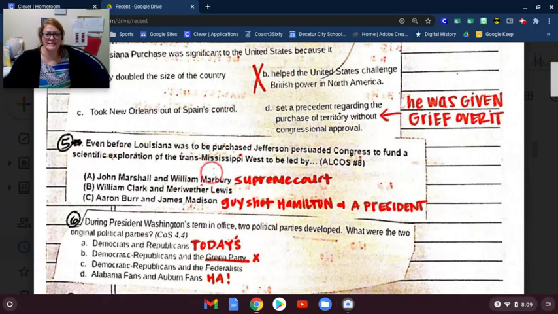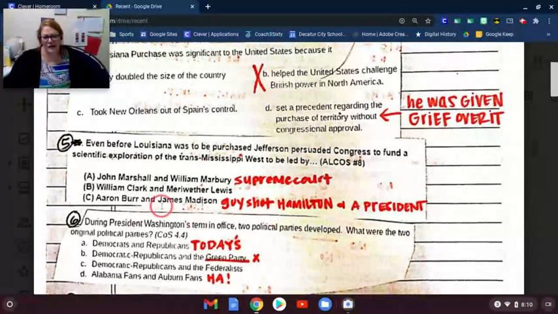Even before Louisiana was to be purchased, Jefferson persuaded Congress to fund a scientific exploration of the Trans-Mississippi West to be led by: John Marshall and William Marbury, those are Supreme Court justices. William Clark and Meriwether Lewis, don't really know who those are if you don't know.